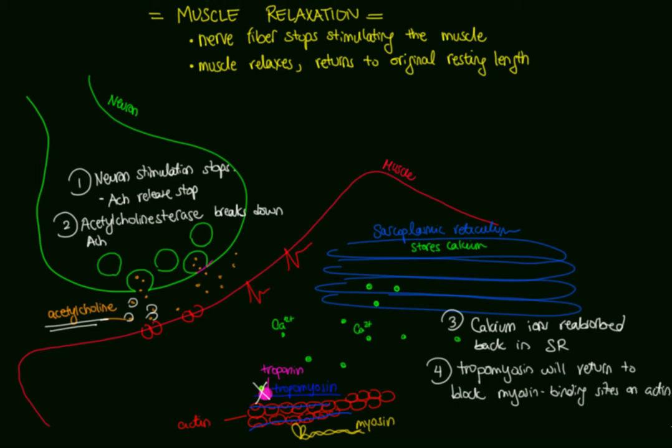Right? And this is, by the way, just a reminder that this occurs because calcium is no longer present or available to bind to troponin and move tropomyosin out of the way.